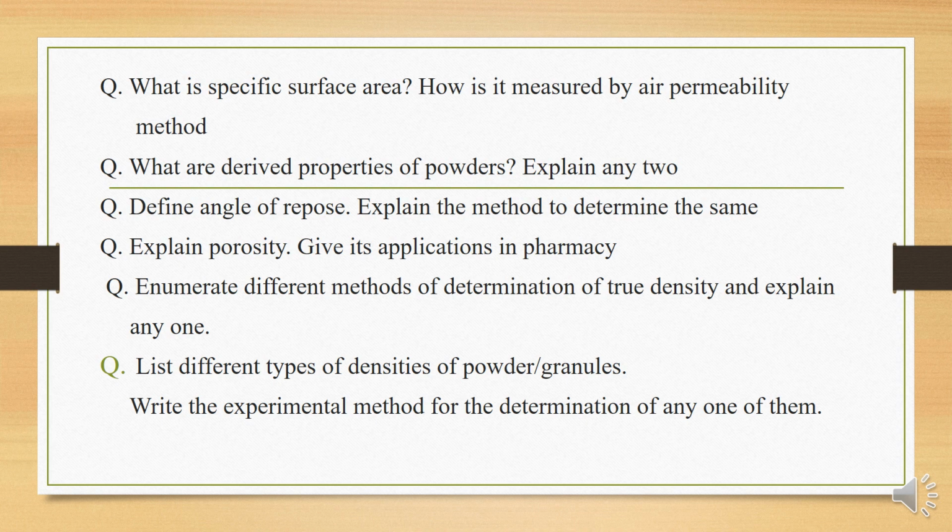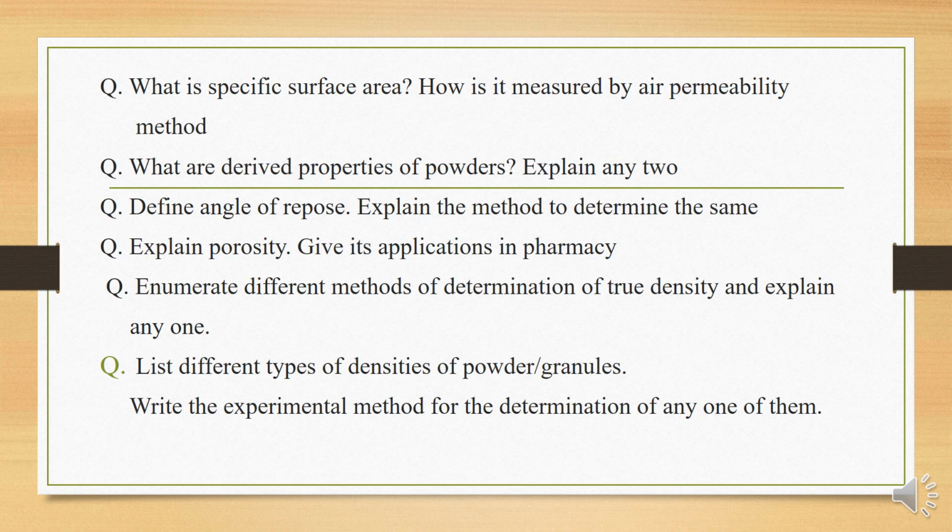Next question is about what are the derived properties of powder. In that you can write about many things. First you have to specify what derived properties of powder are.